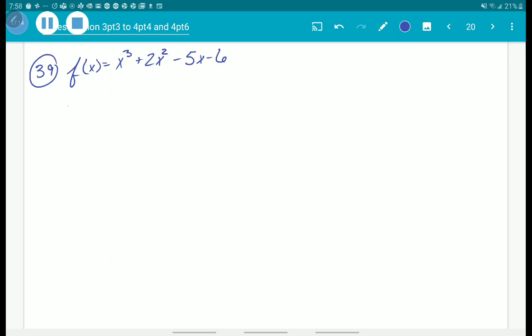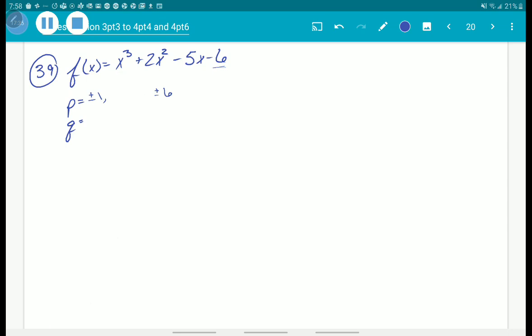So our first step is to look at p's and q's. So p's are going to be factors of negative 6. Well, what numbers can I multiply together to get a negative 6? Well, I could use a 1 or I could use a 6. Now, I'm using plus and minuses here because it could be a positive 1 and a negative 6, or it could be a negative 1 and a positive 6.